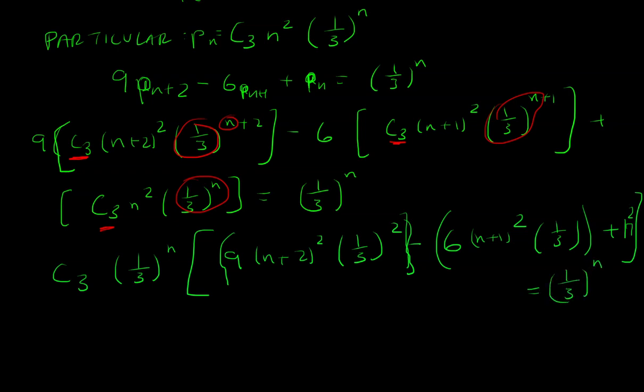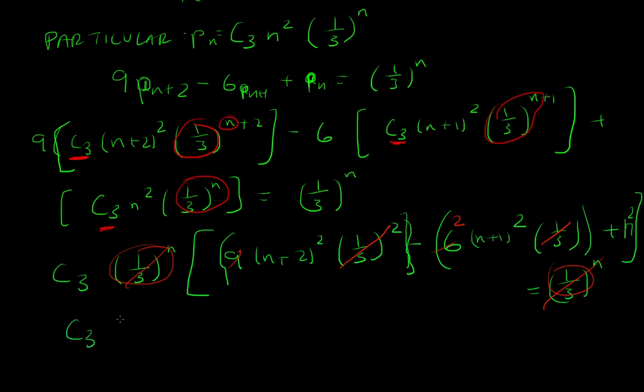Now notice we have (1/3)^n on both sides, so that's going to go away. Then we have 1/3 squared times 9. 1/3 squared is 1/9, which cancels out with the 9. We have 6 times 1/3, which gives us 2. So let's simplify further.